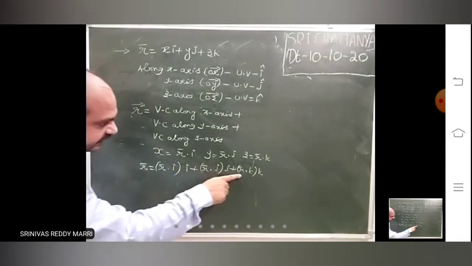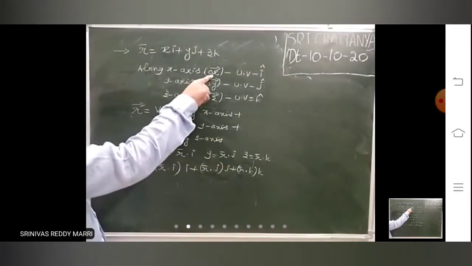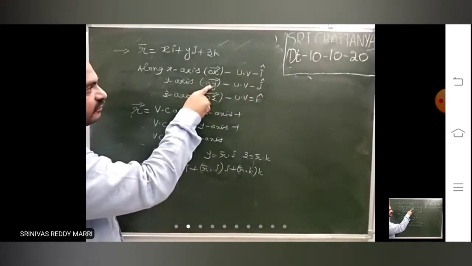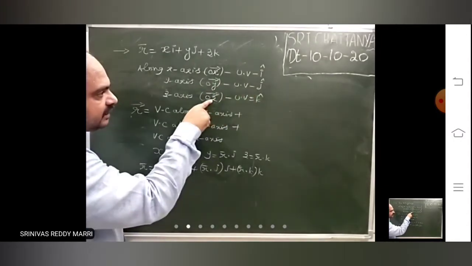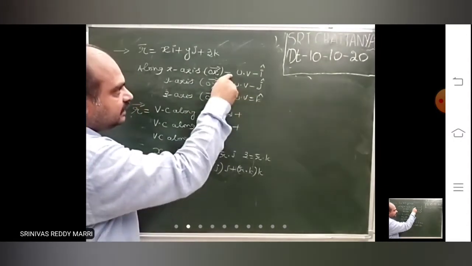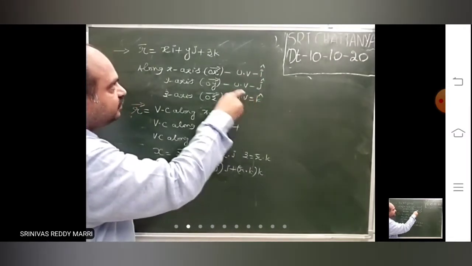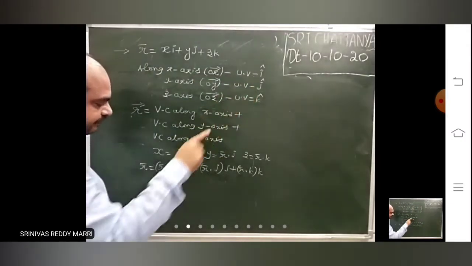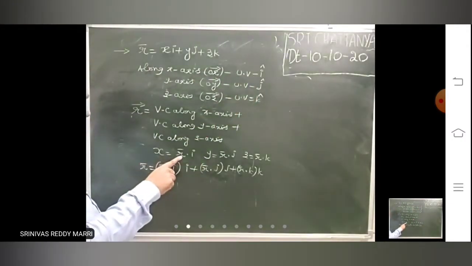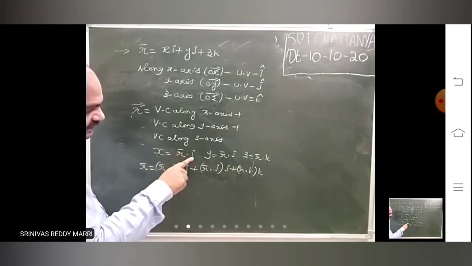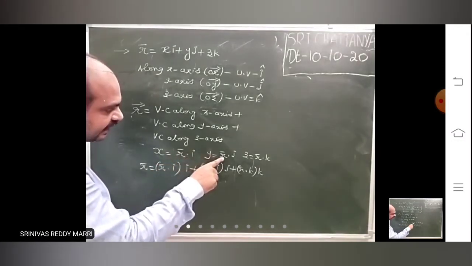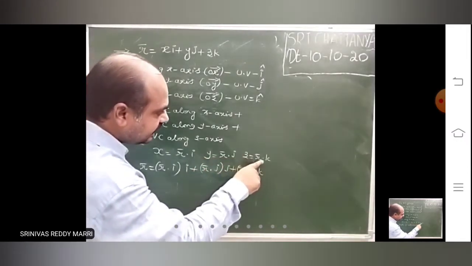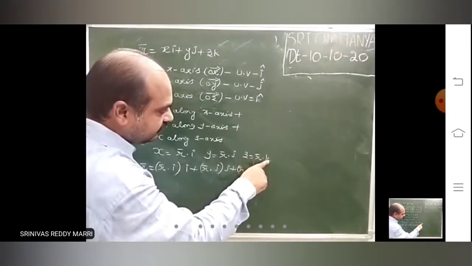That means for writing this vector, the unit vector along OX bar is i cap, along OY bar is j cap, and along OZ bar is k cap. If you know these unit vectors, you can calculate x, which is nothing but r bar dot the unit vector. x is r bar dot the unit vector along OX, y is r bar dot the unit vector along OY, and z is r bar dot the unit vector along OZ.